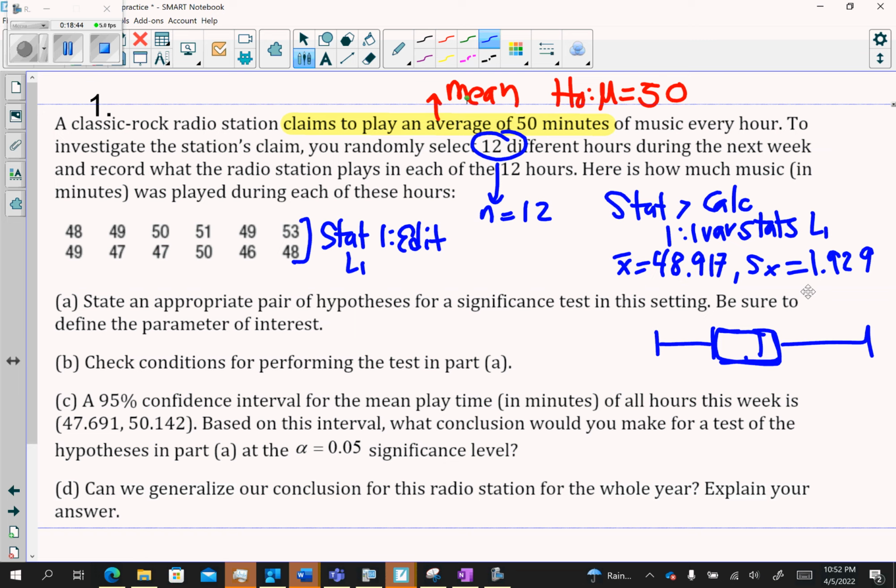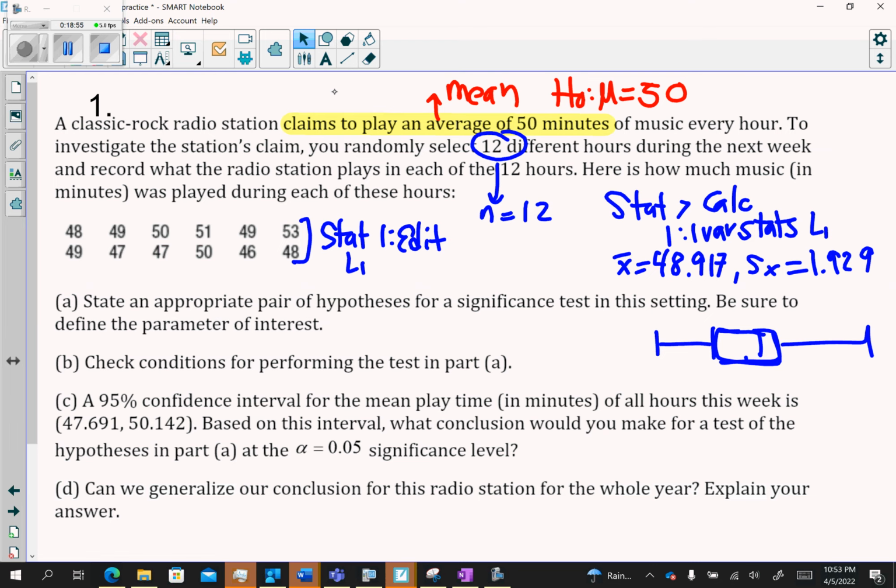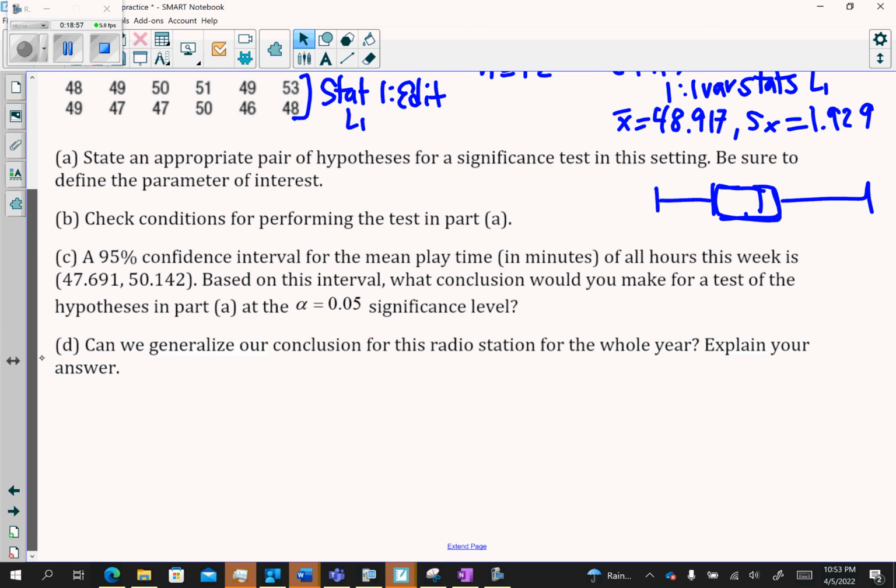All right, state the appropriate pair of hypotheses. Be sure to define the parameter of interest. So they're asking me to jump to the H step, which is the hypothesis step. So let's scroll down. Our H0 is always going to have an equal sign.